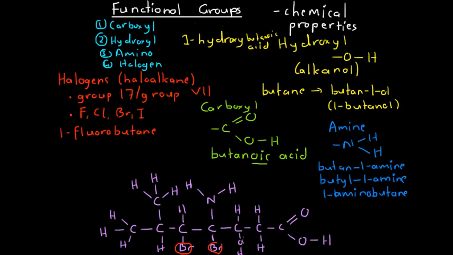We have a hydroxyl group there, our carboxyl functional group here, and lastly our amino functional group just here. Because we've got a carboxyl functional group, we're going to call this the first carbon, and we know we're going to have our halogen as our first name.